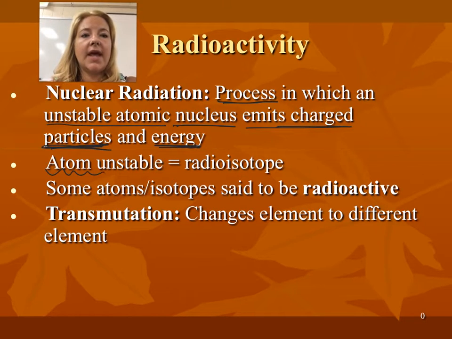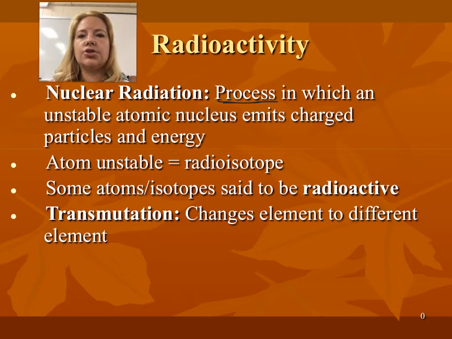What it means when an atom is unstable, we call this a radioisotope, and basically that means that the nucleus just wants to break apart, and the forces that are keeping that nucleus together are not strong enough, and they pull the atom apart.